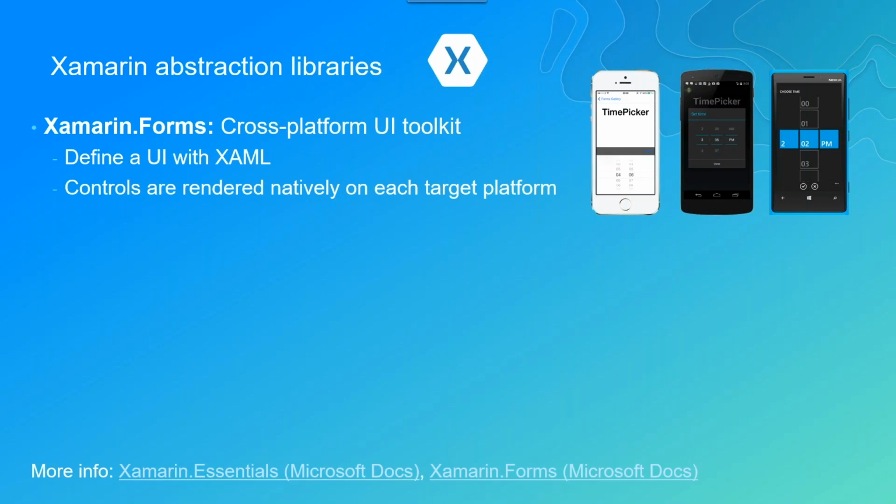And what it allows you to do is define your UI using XAML. Sorry, it's not the same XAML you'd use for WPF or UWP. It's similar, but it's not exactly the same. But you can define that once, and then each platform decides how it's going to render that. And you can see from the screenshot that even though I've defined that time picker control just once using some XAML, each platform will render that natively.